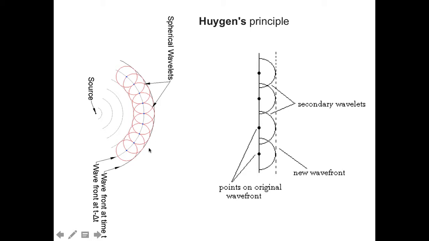You can see here, if AB represents a spherical wavefront at time t equal to 0, then according to this principle every point on the given wavefront acts as a source of secondary wavelets, which spread out with the speed of light, and the new wavefront is the forward envelope of the secondary wavelets generated.